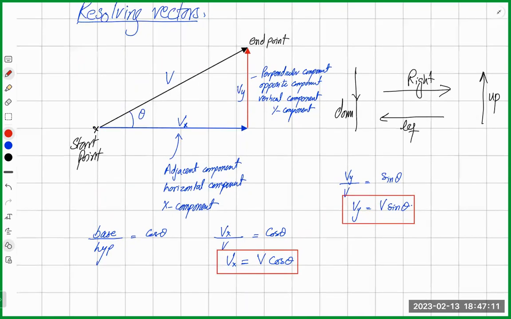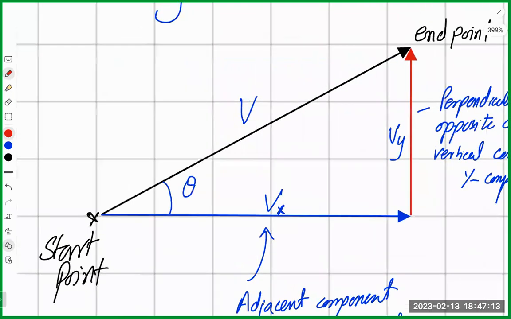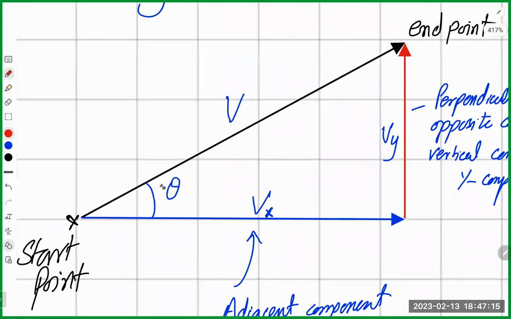Wherever you're finding a component, the component that is in front of the angle is always the sine component. Vy equals V sine theta. And the one that is connected to the angle is always the cos component. So Vx equals V cos theta.